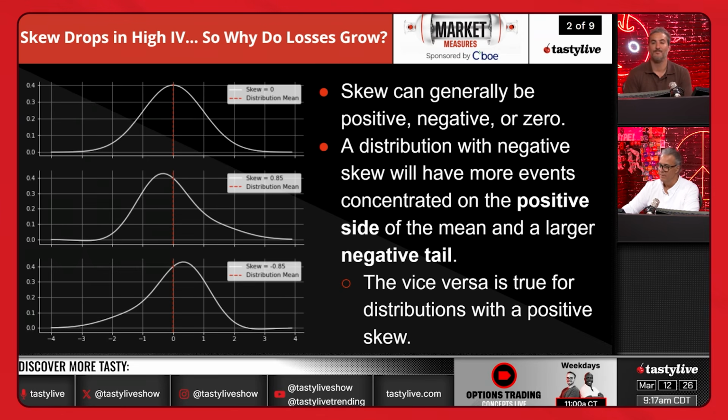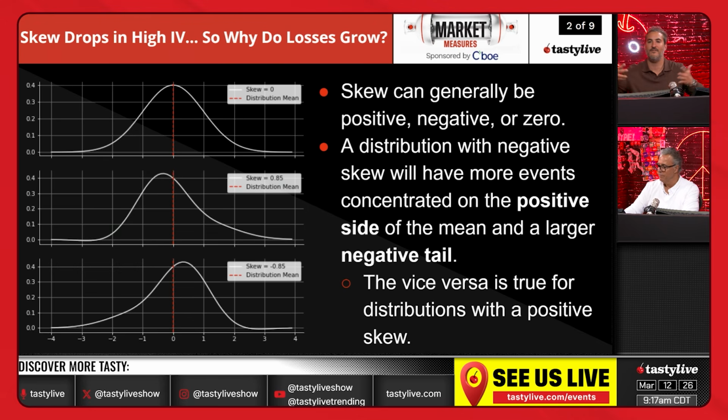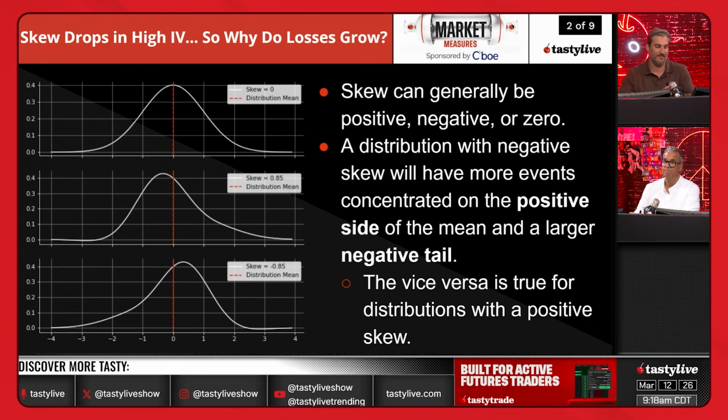We have those flipped a little bit, but essentially, if your skew is to the upside, the options are pricing in that there are more events that will be on the upside of the current stock price, just based on option prices. Negative skew, like you have with SPY or QQQ, is pricing in more events on the downside, or at least more risk on the downside, more velocity of movement.